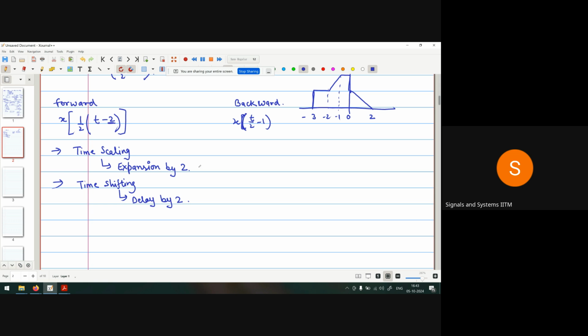Now if we go with the backward approach, first is time shifting, a delay by 1.